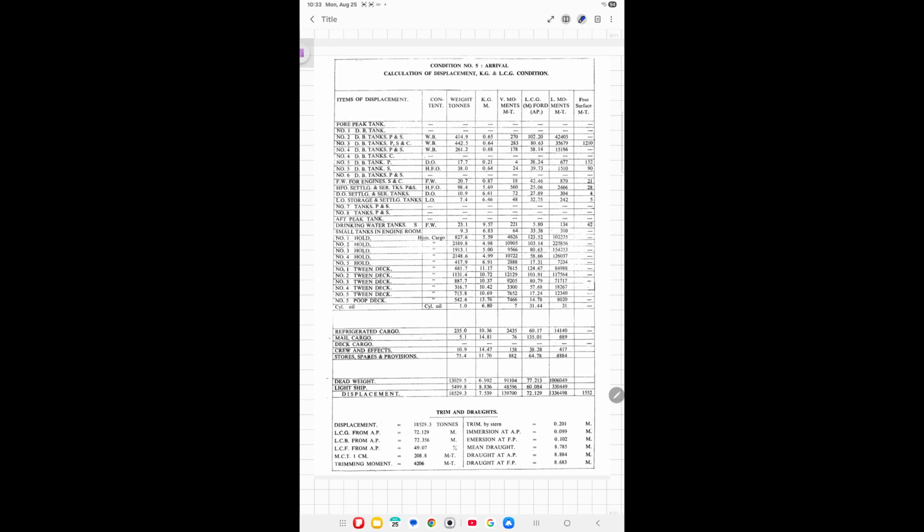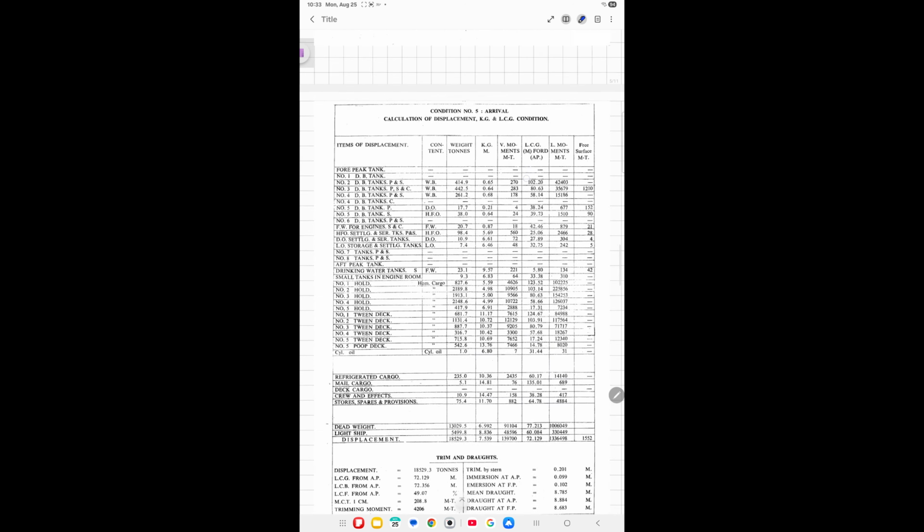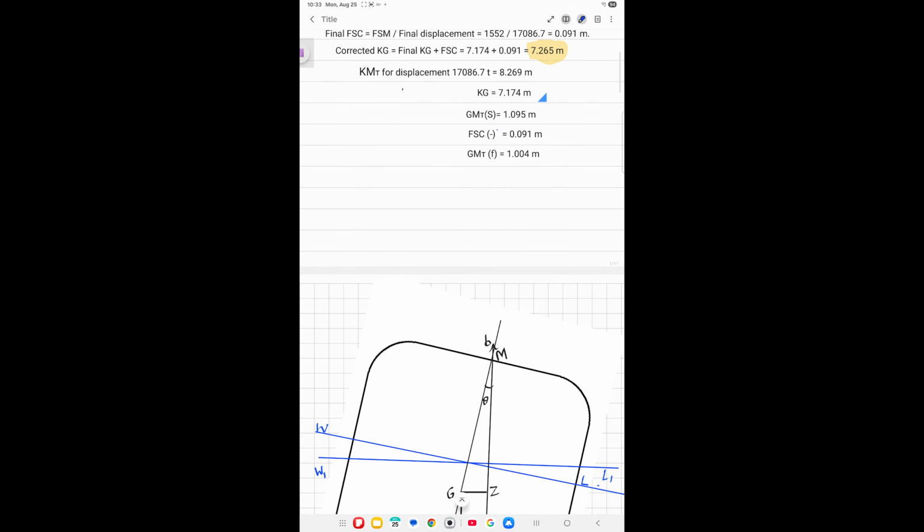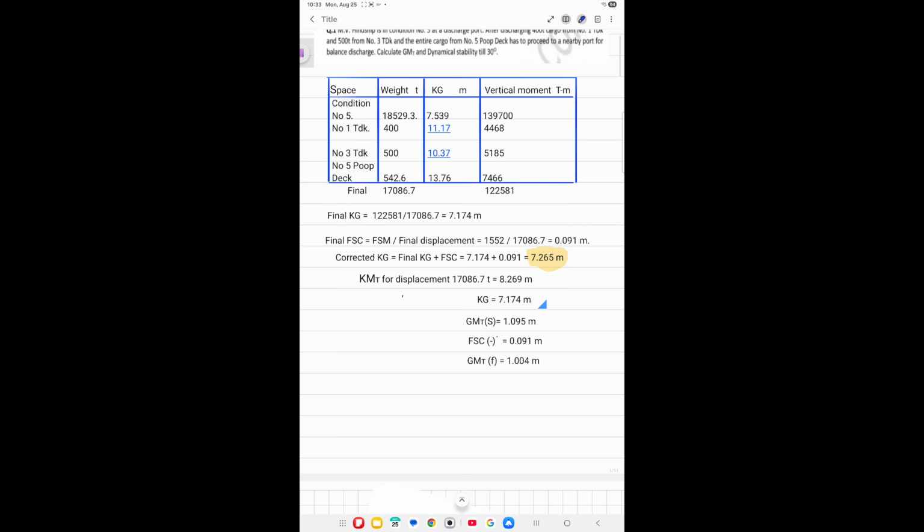So these initial condition values I will take now in my calculations here for new KG. Initial condition number 5, as we saw: displacement was 18529.3, KG was 7.539, and vertical moment 139700. All this from condition number 5.